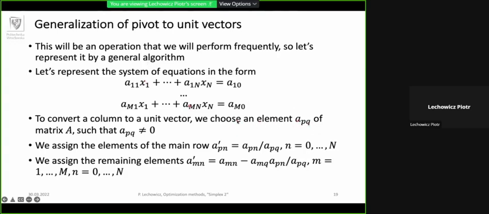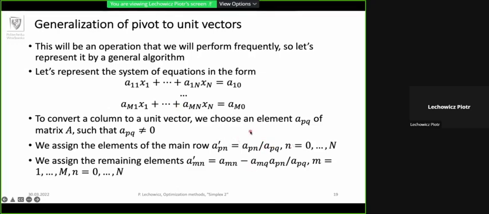So we are selecting P row and Q column, and we divide each element in the row by the value of this coefficient.